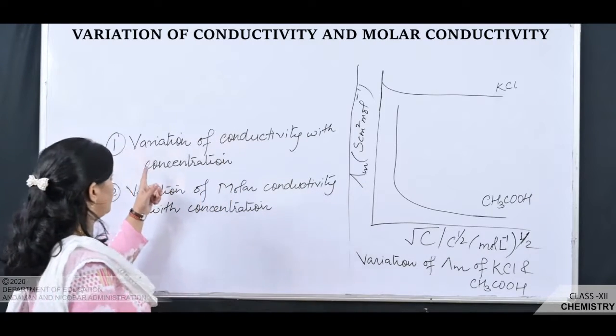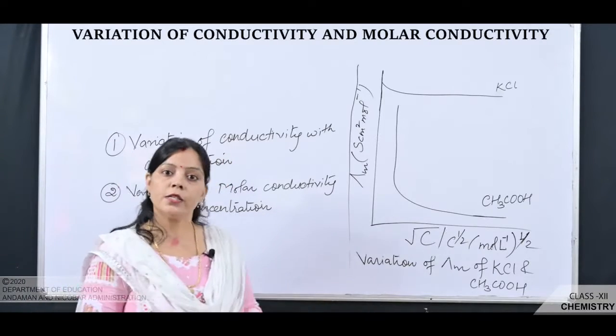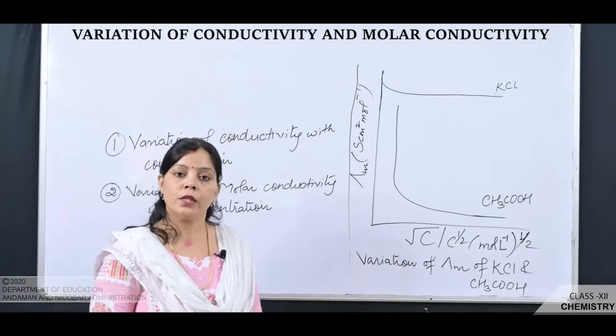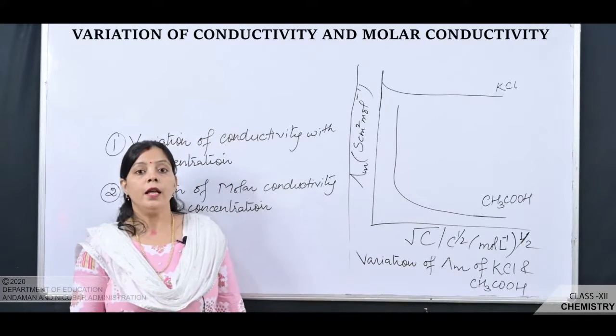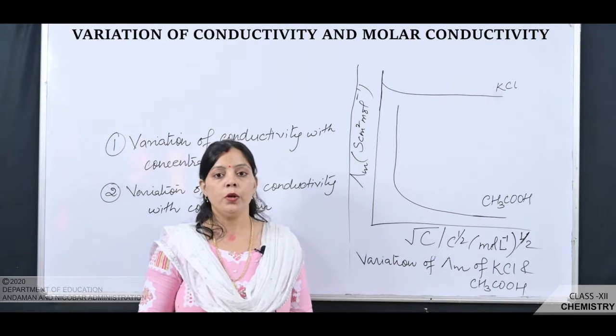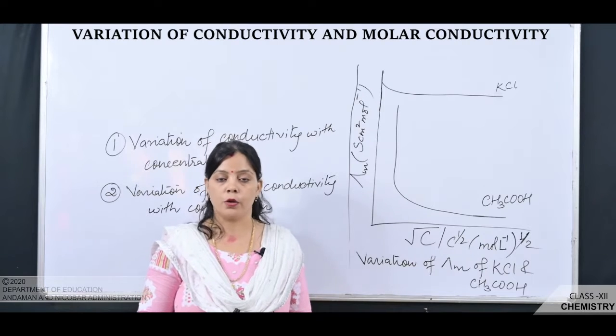First we discuss how the conductivity changes with concentration, or what happens to conductivity when we dilute the solution. The conductivity, or specific conductance, refers to the conductance of 1 centimeter cube volume of the solution.